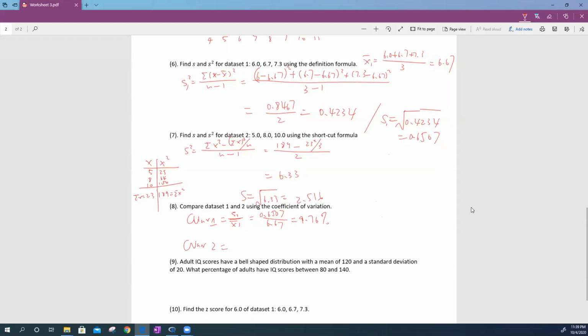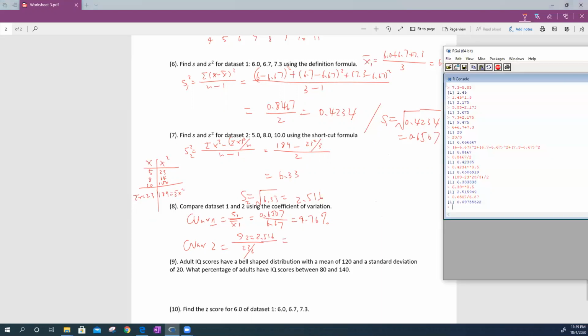CV 2. So we do have s2, the standard deviation, but we don't have x2 bar. So x2 bar will be sum of x2, 23 over 3. And s2 is 2.516. Let's see what it is. 2.516 divided by 23 divided by 3.